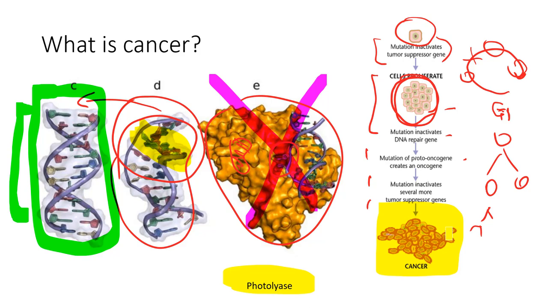The result of all those mutations happening one after the other, generation after generation of cells, can lead to cancer if your immune system is not able to recognize those cells and get rid of them.